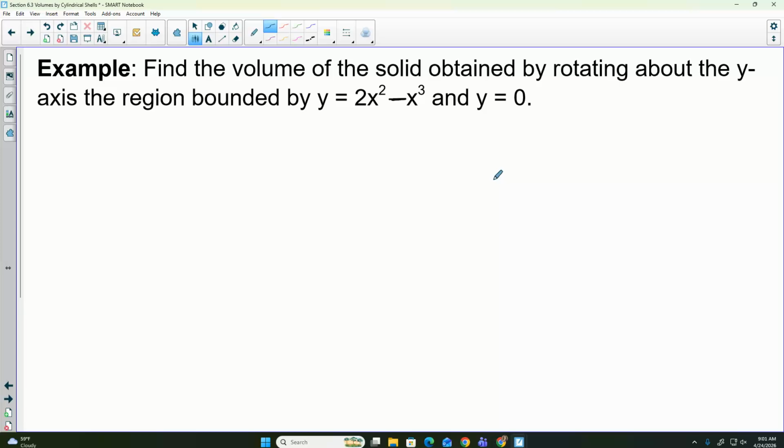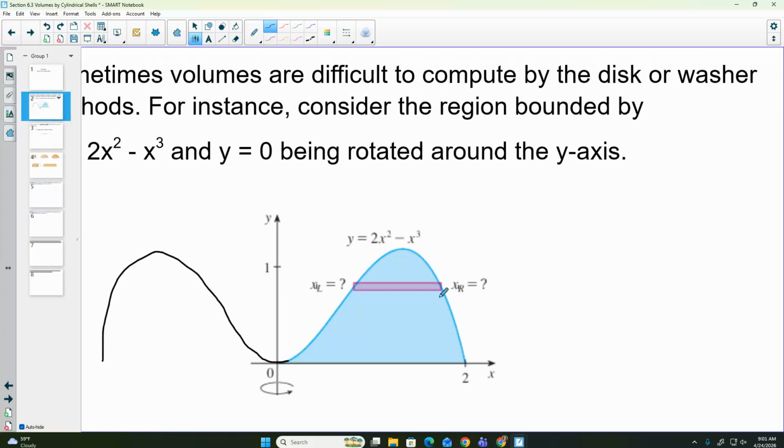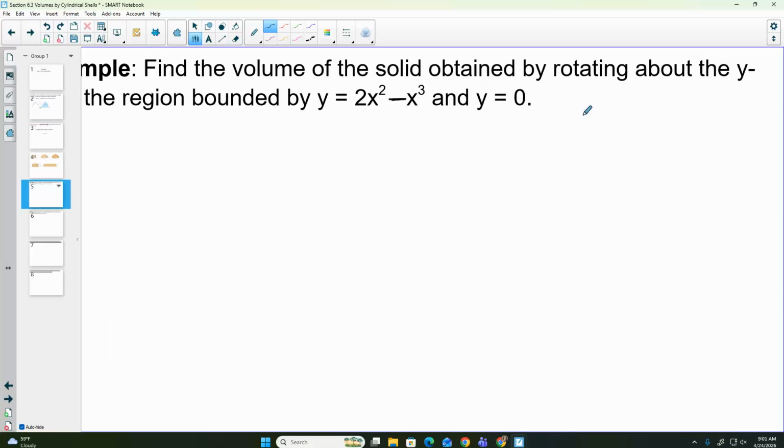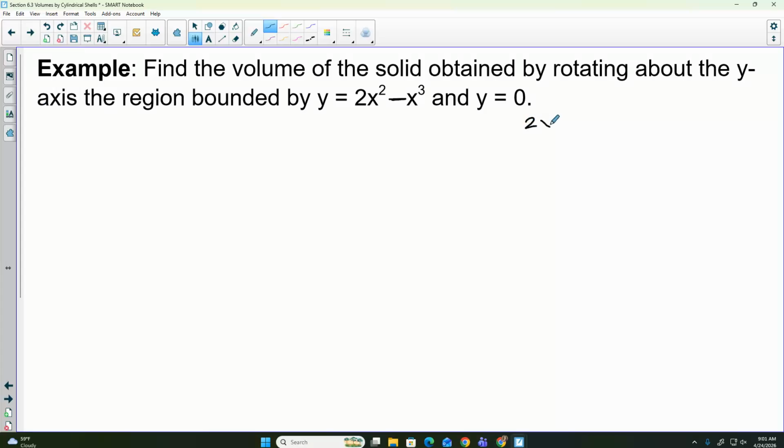But rotating around that y-axis, we are going to work from our x's here. So if I wanted to find my x's, I need to know when my curves meet. That gives me 0 and 2.